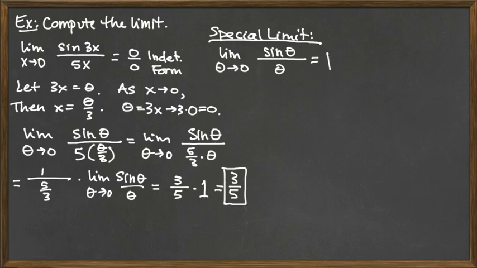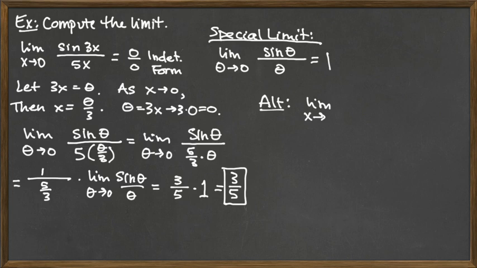Now, I did this really formally by doing a change of variables, but really the most important thing is that the input of the sine function needs to match what's on the other side of the fraction bar. So what I could have done is just pull out this 5 here.